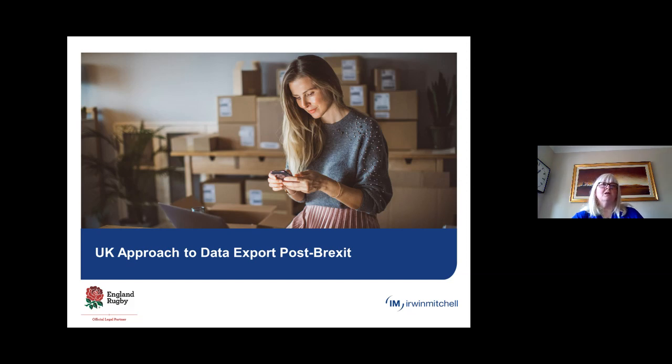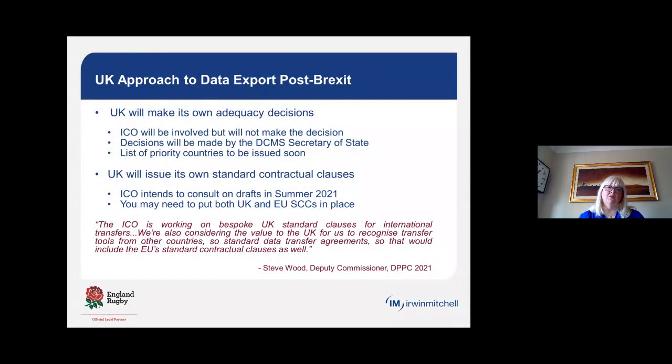Now, moving on to the next slide, just to flag a few things with you: whilst the UK has adopted the adequacy decisions made by the Commission, we are now going to be making our own adequacy decisions, and they will not necessarily align with those of the Commission. So essentially what DCMS and the ICO are saying is that decisions will be made by DCMS rather than the ICO, and that there will be a list of priority companies coming out soon.